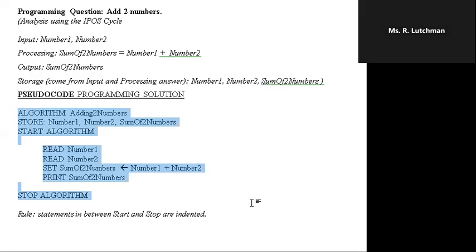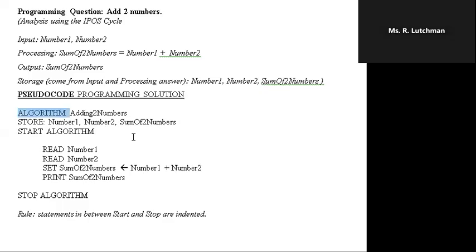Okay, let me just go over it again. So now that we have the complete pseudocode, I'm going to go through it. First, we start with the word algorithm. It is a command. And notice that all the commands I wrote in capital letters, just to show the difference, to show that there is a command there.